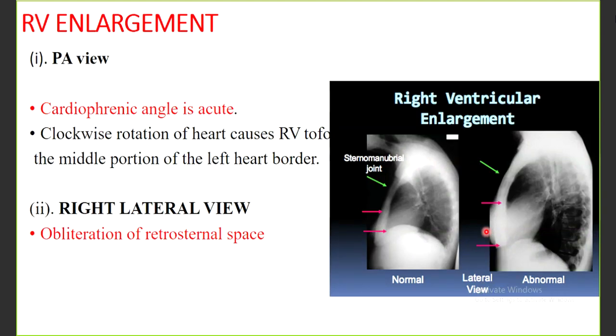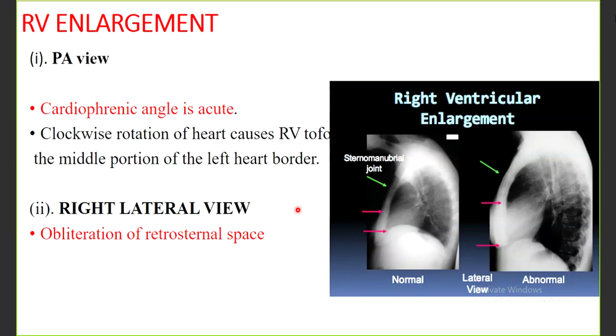Now let us see what happens on right ventricular enlargement on PA view and lateral view. For right ventricular enlargement in PA view, you see that the cardiophrenic angle is acute. But we should also note that sometimes clockwise rotation of the heart can cause the RV to move more and more laterally and occupy the left lateral border, pushing the left ventricle more and more posteriorly.